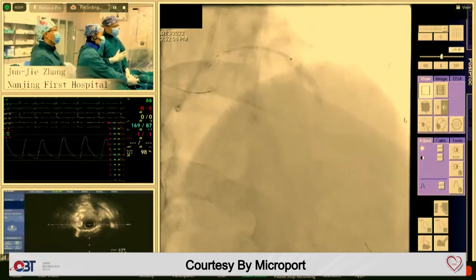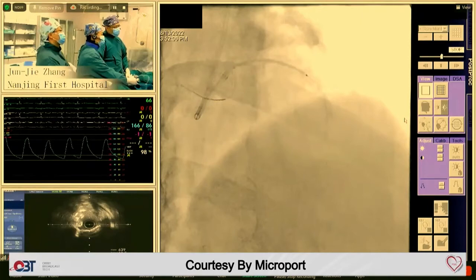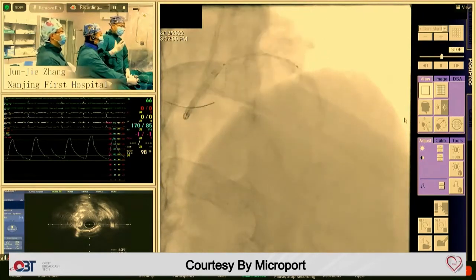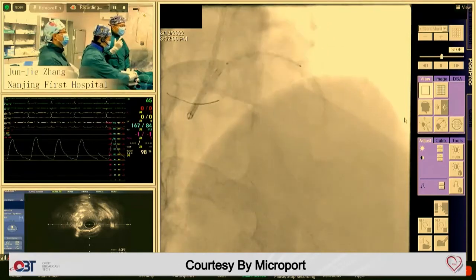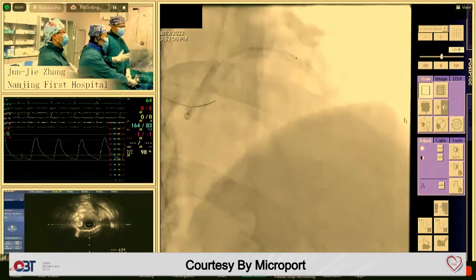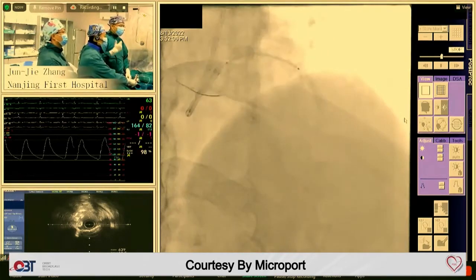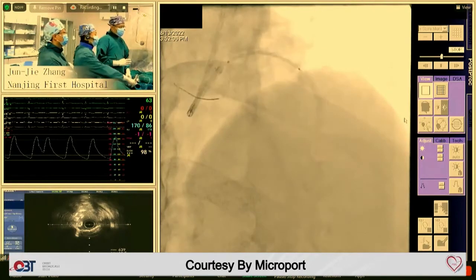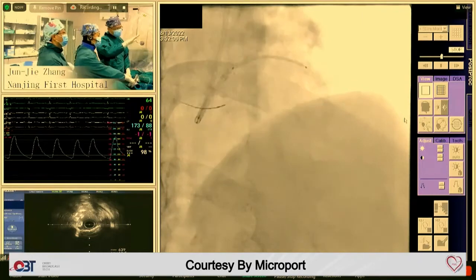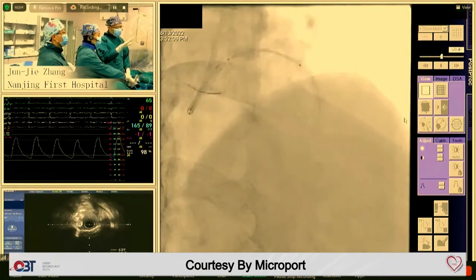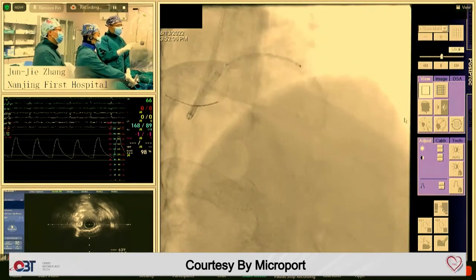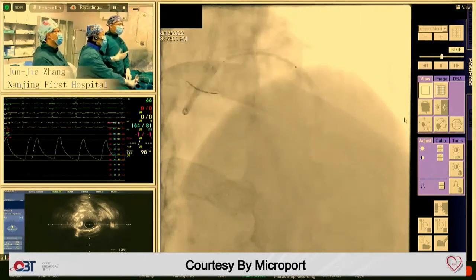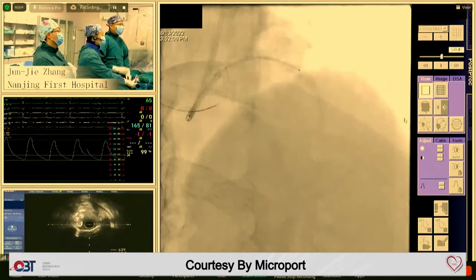And the post-dilation ability is quite good. Like a 3.5 stent can very safely achieve post-dilation up to 5 millimeters. So for this particular case, with the 3.5 stent crossing over the circumflex, for the left main we can safely use a 4.5 to 5 balloon to do the post dilation.